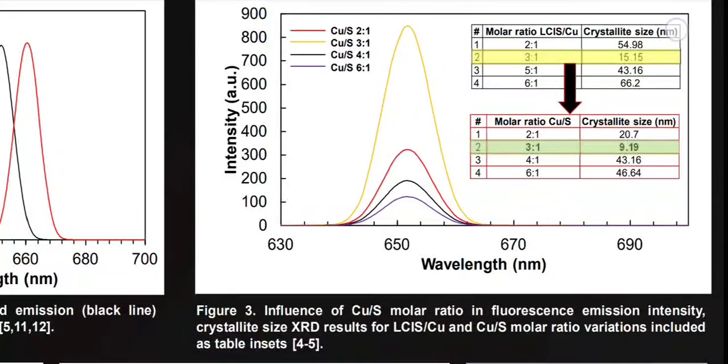The emission intensity increases with an increased copper sulfide ratio, reaching a maximum at the relation 3 to 1 when the nanoparticle achieves the quantum dot crystalline diameter of 9 nanometers. Nevertheless, the fluorescent intensity decreases markedly with the increase of the copper sulfide ratio due to the higher crystalline diameter.